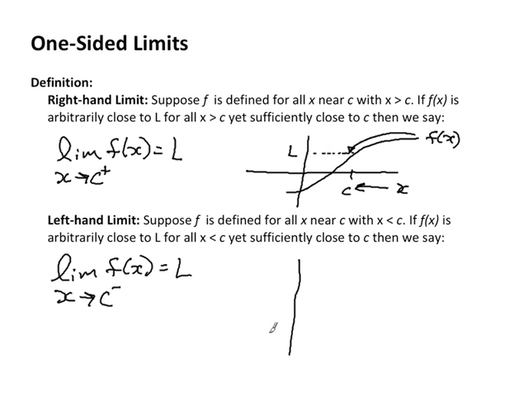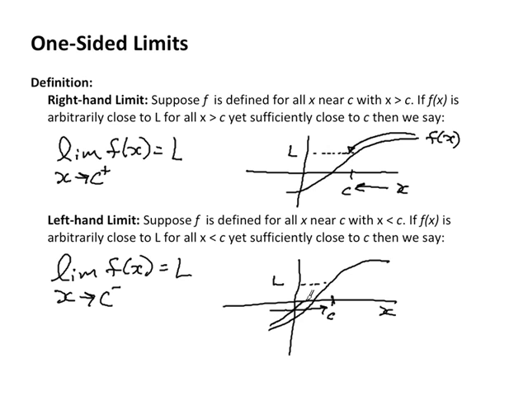So I will draw this same picture, or at least similar as I can here. I have this value of c that I'm approaching, and this is L. So as x gets infinitely close to c, sufficiently close to c, what's happening to my graph?